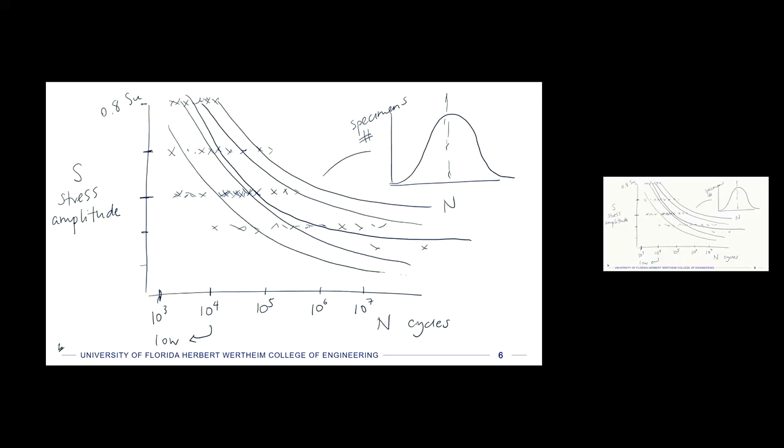So I'm just sketching on this plot that I've already made. And so if we look at the center one that we drew, that would have a reliability, we'll call it R, and that's defined as a reliability of half. 50% reliability, not 1, half.